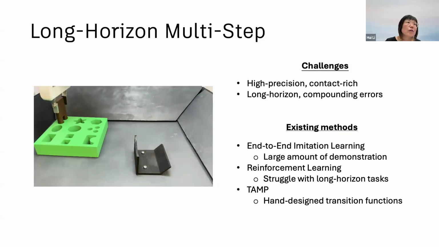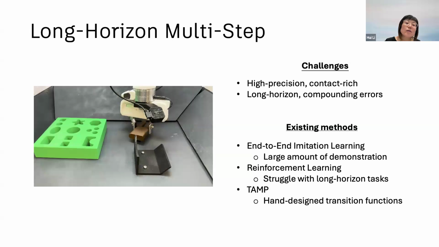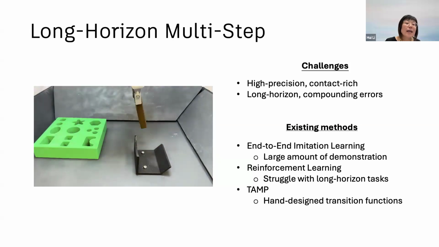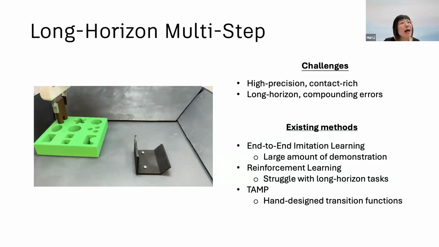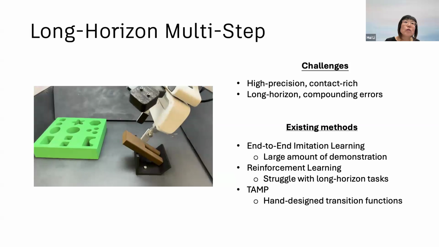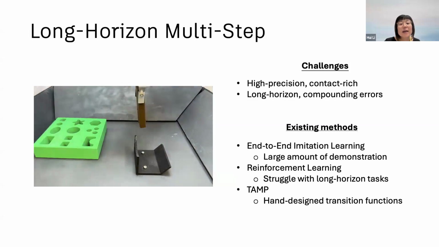There's also reinforcement learning. We showed reinforcement learning is very effective for the contact-rich part, but when dealing with long horizon tasks, I think RL is not the way to go. It struggles. And there is also the task and motion planning approach, but that requires a lot of hand-designed transition functions between your different primitives, and is computation intensive.